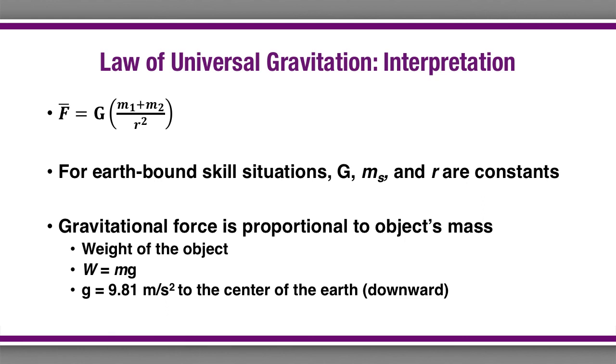So for earthbound skill situations, G and M sub E and r are always constants here. So gravitational force is proportional to the object's mass. So the weight of the object is obviously W equals mg, where g is 9.81 meters per second squared, or the gravitational pull towards the center of the Earth.